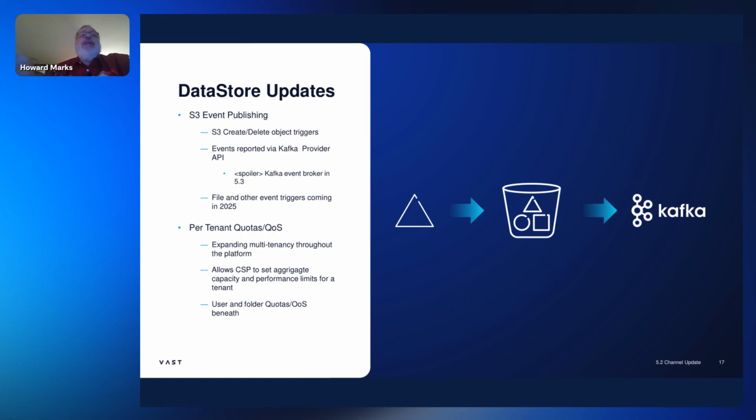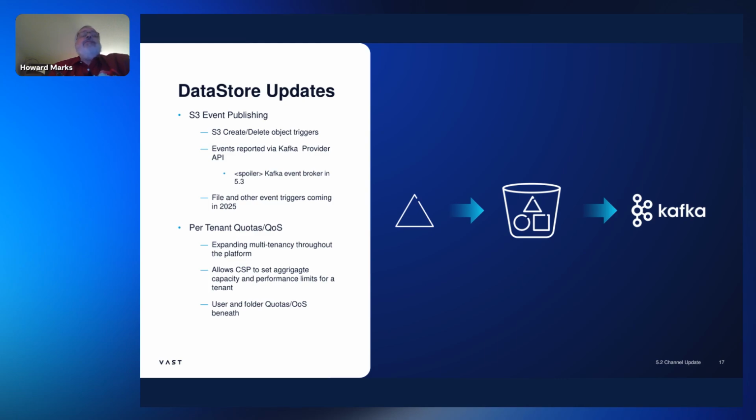Which brings us to data store updates. The first, which is significant, not that we're doing anything especially imaginative, this is a standard S3 feature, but that it is the first component of the trigger mechanism for the VAST data engine, and that's S3 event publishing.